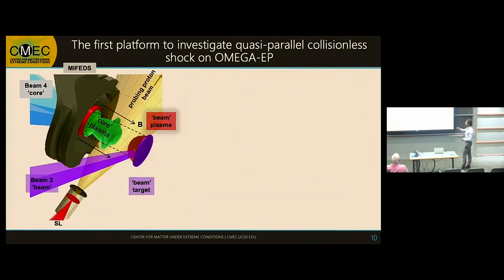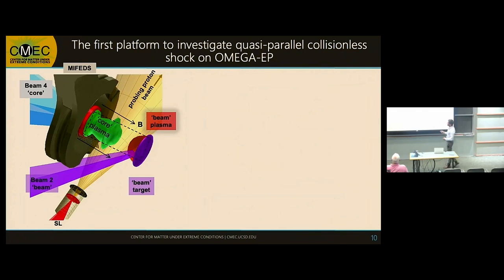So the idea was that we developed a first platform at Omega EP to study quasi-parallel collisionless shocks at a high Alfvén Mach number. On the left side I show the setup of our experiment.